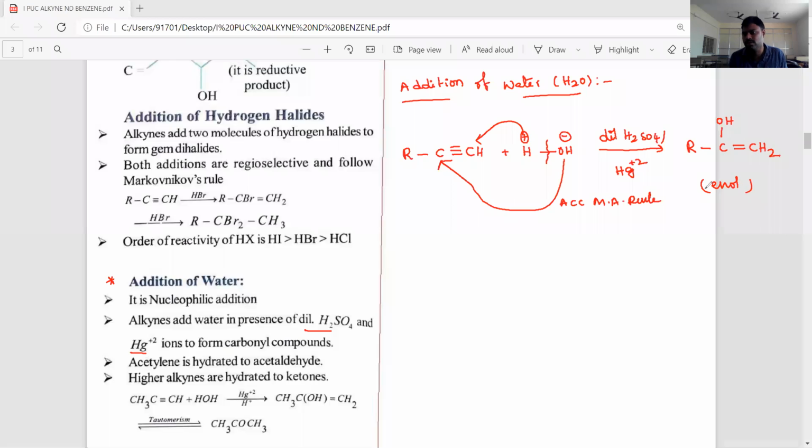This enol is unstable and undergoes tautomerism, keto-enol tautomerism.